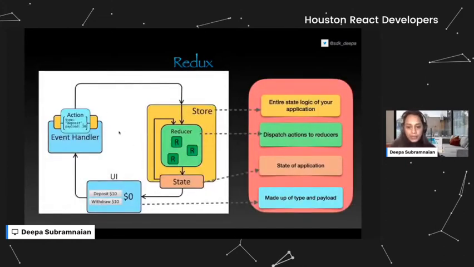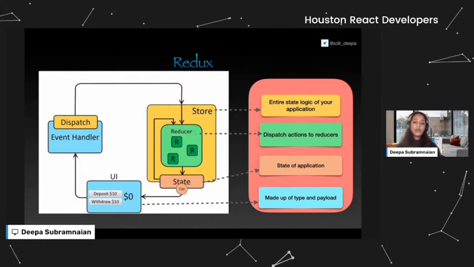So let me see if I can click this. As you can see, Redux has a one-way data flow, and the state here is immutable. This GIF is very self-explanatory.